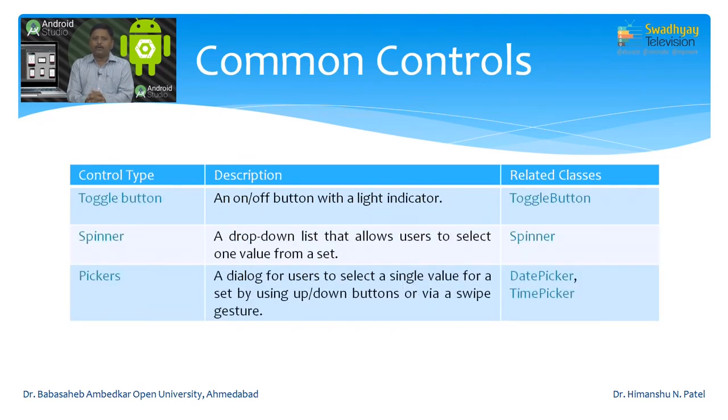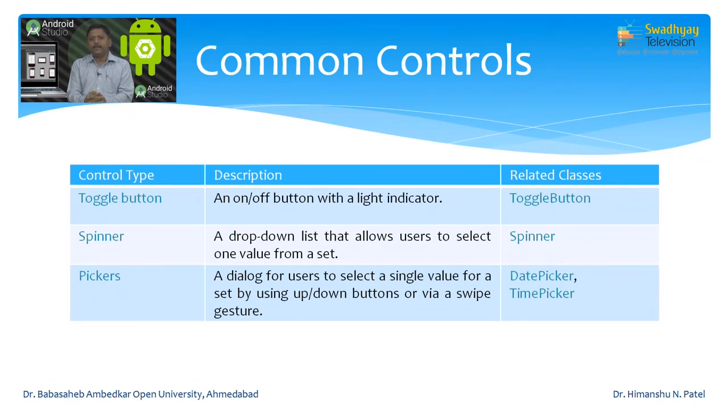Next is a toggle button. As I mentioned earlier, toggle button is used to specify on off position. One position represents on, while another position indicates off. The related class for toggle button is also ToggleButton. Then a spinner.